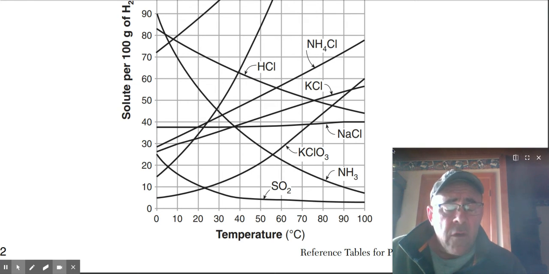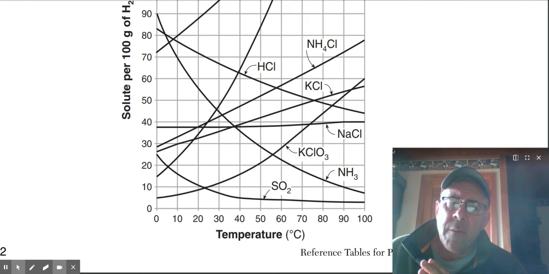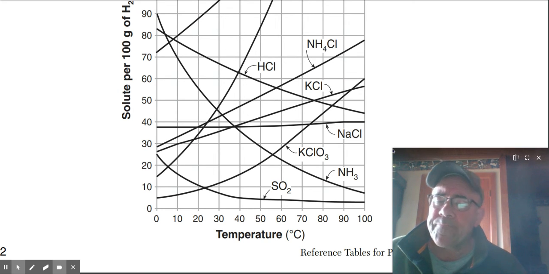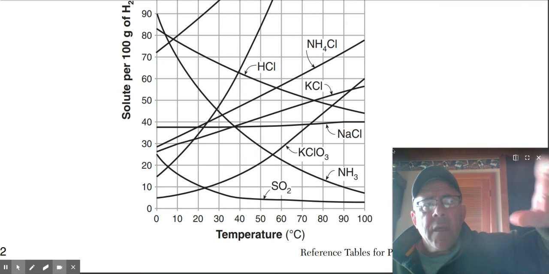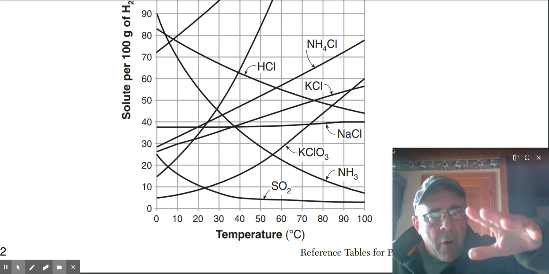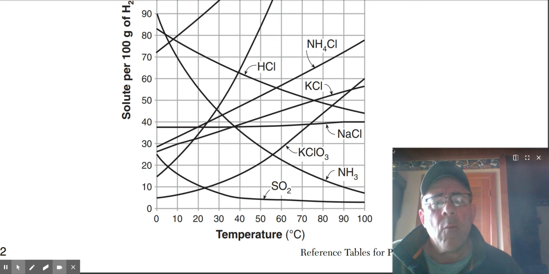Imagine a beaker with 100 grams of water in it, which would be 100 milliliters, because the density of water is 1 gram per cubic centimeter or 1 gram per milliliter. As I dumped in the extra, I'm sure you've seen this happen if you add salt into water, you're just going to see those particles descend to the bottom of the beaker. The liquid part would be saturated with an abundance of extra on the bottom, which would be waste.